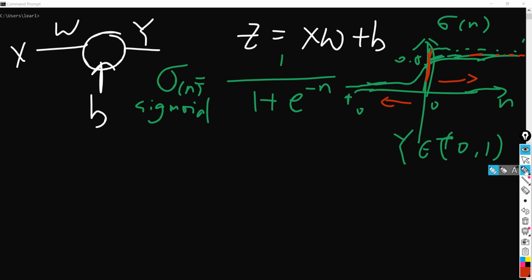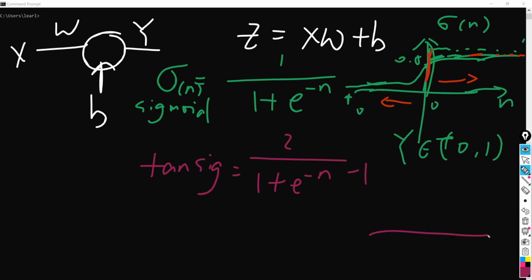Another thing I want to say is there is also another very popular function that we call the tanh function. The tanh function is some changes from the sigmoid function, where you just put -1. The graph is like this, and it converges to either 1 or -1, and when n is 0, it is just 0.